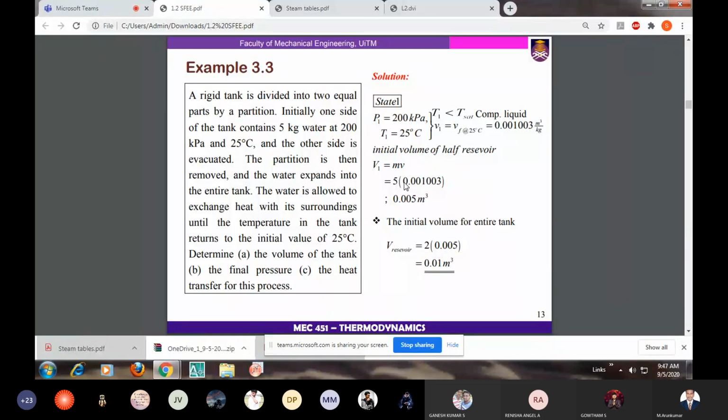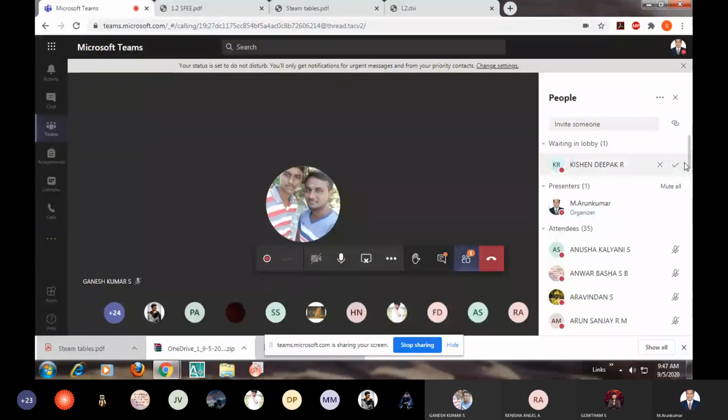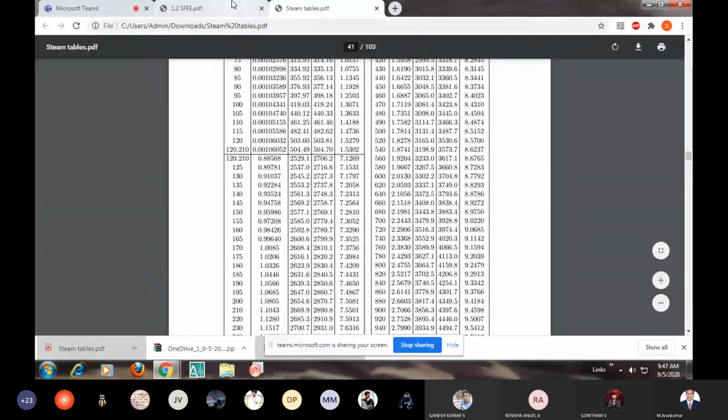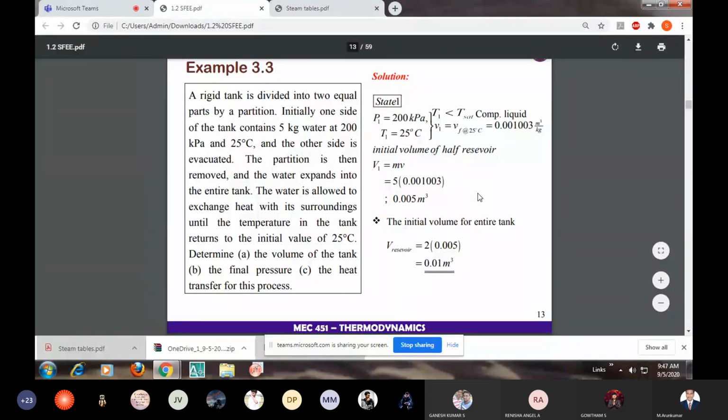So they were given the values P1, T1. They also stated T1, so we want to compare this T1. So we want to go to the pressure values in the steam table. So we have pressure 200 kilopascal.